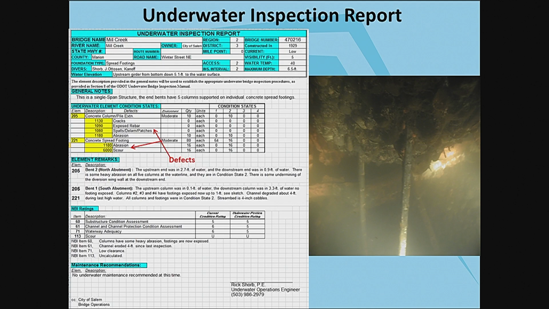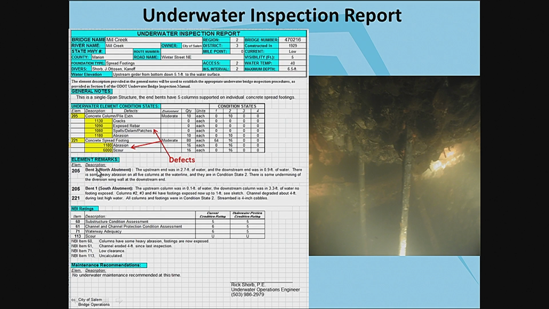Or if the underwater inspector found something undermining or collision damage or exposed rebar underwater, then you've got to take that information and say, okay, well then I'm going to use their rating because I can't see underwater. I can only go down to the water line.